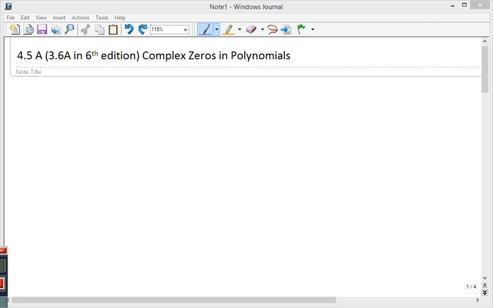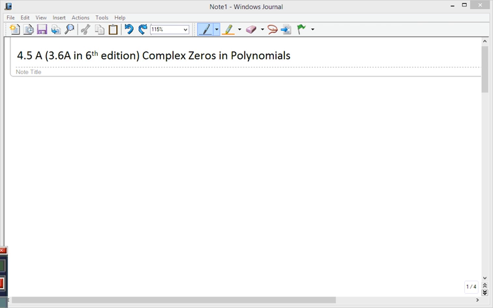So in this section, we're going to talk about complex zeros of a polynomial. So remember that a complex number is one that includes or can include an i, right? The square root of -1.